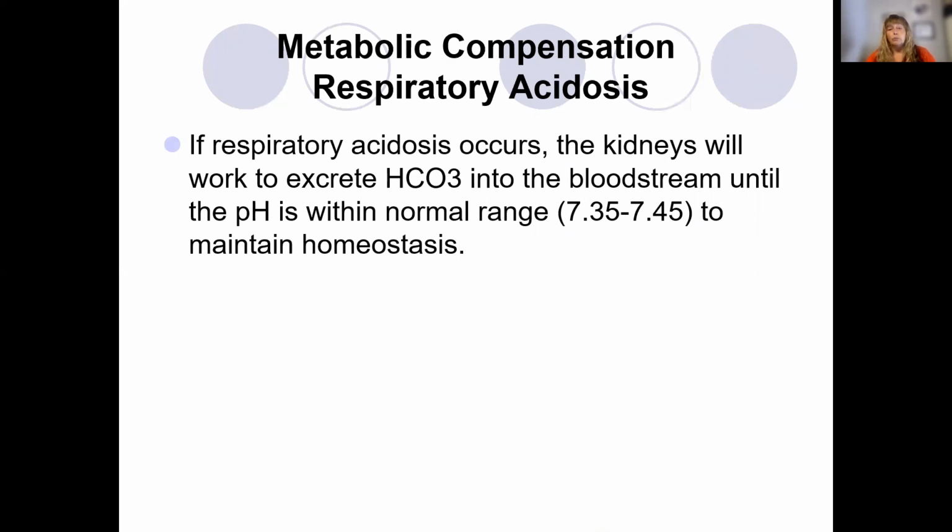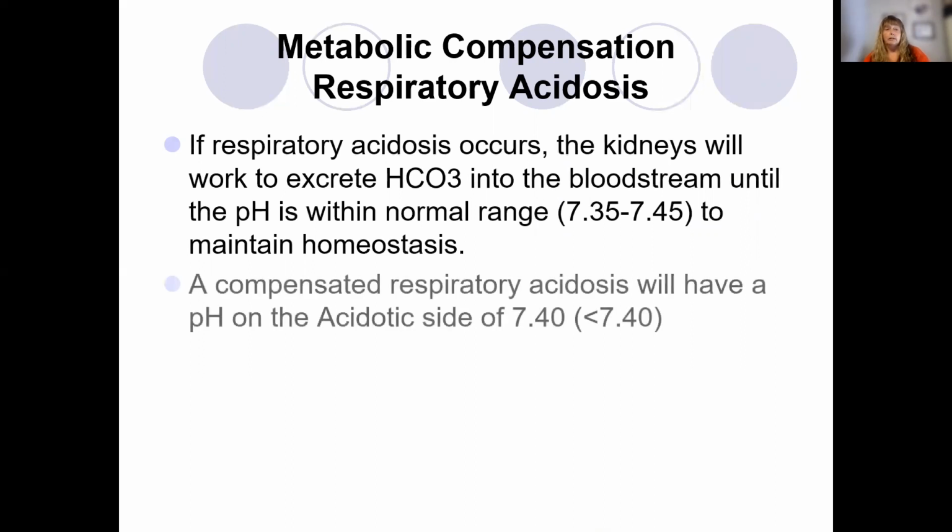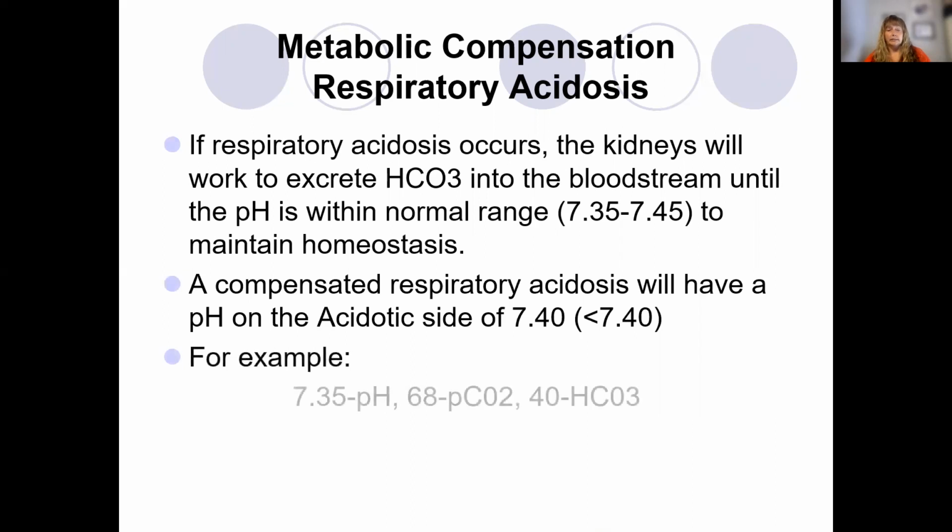So it usually doesn't get the patient to 7.40, but it will get them back to the 7.35 to 7.45, which is where we like them to be. A compensated respiratory acidosis will have a pH that's still on the acidotic side, so it's going to be less than 7.40. An example of this is a pH of 7.35.